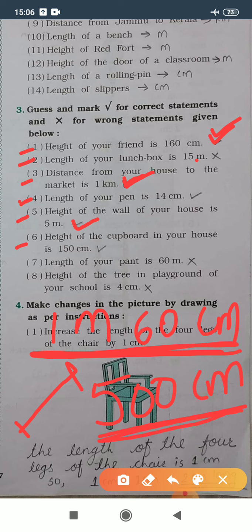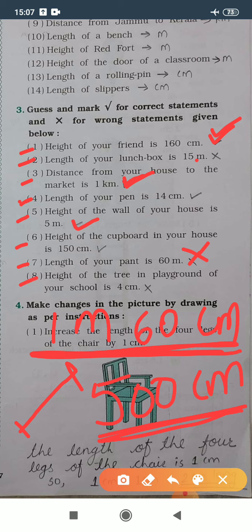So yes, this statement is also correct. Number 7, length of your pant is 60 meters. No, 60 meters means 6000 centimeter. So it cannot be possible. So this statement is wrong. So you need to put a cross after the statement.